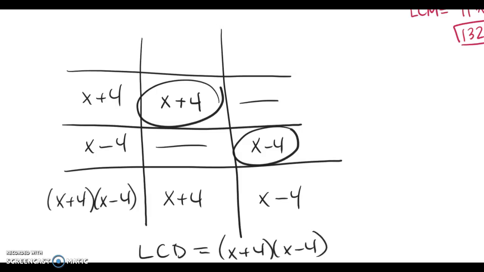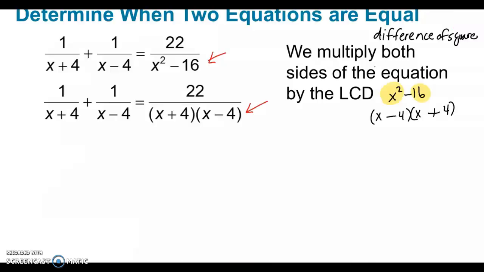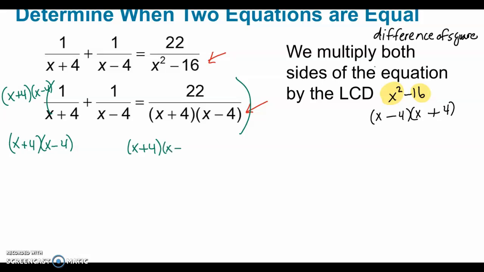So this is my least common denominator. I'm going to multiply both sides by x plus 4, x minus 4, and that's going to get multiplied by everything. So let's write it out so I can see what's happening. I'm going to write this out in 3 places because it has to be multiplied by all 3 terms here.